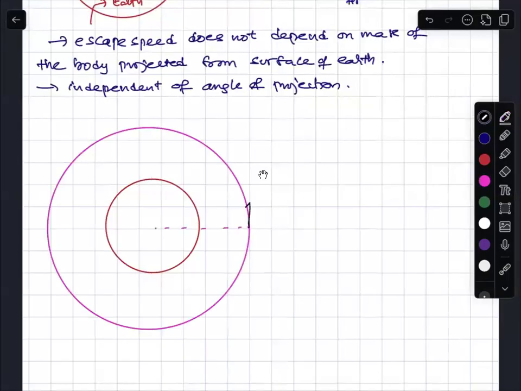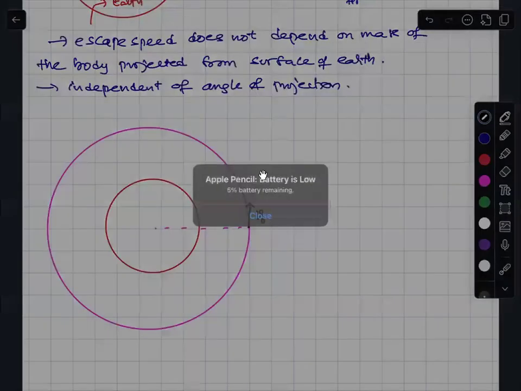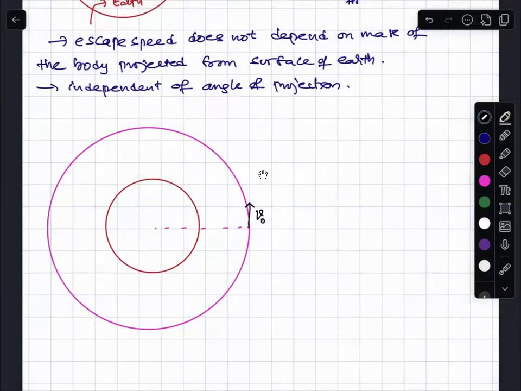Right now it is orbiting with the V0. See, as long as its speed is V0, it moves in a circle. Due to some rocket fire, if this speed suddenly increased from V0 to VE, what happens?